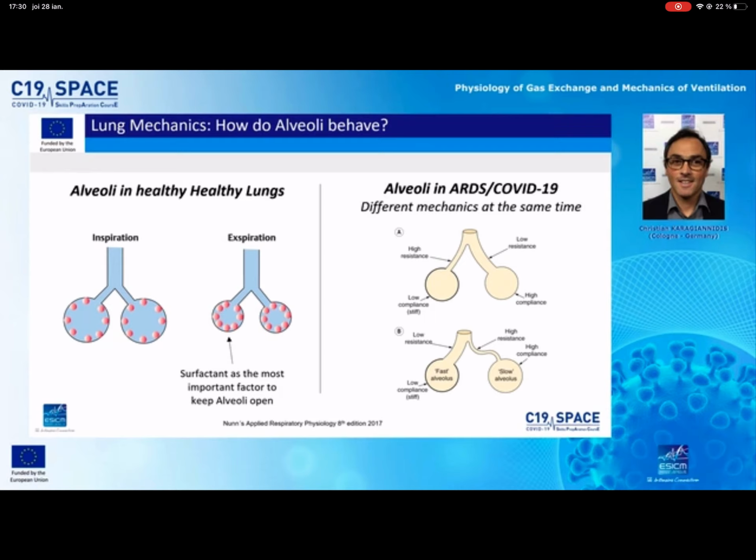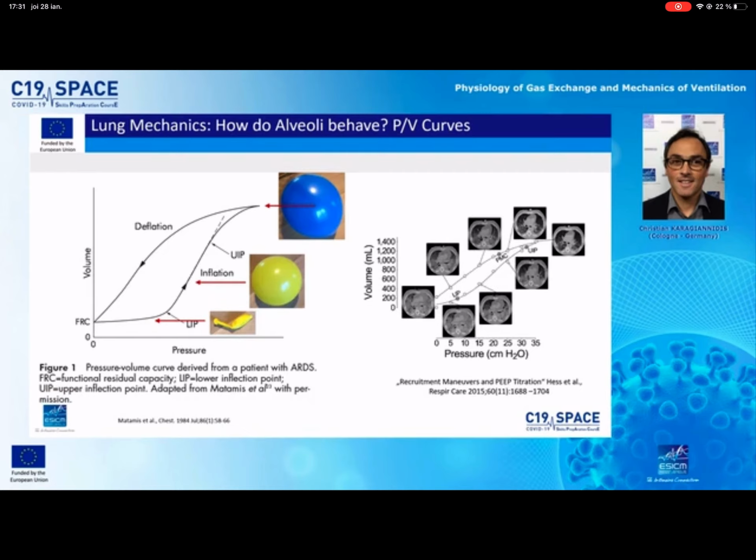So in conclusion, in a healthy lung, you usually have inspiratory and expiratory time constants which are around 0.8 seconds, which changes in patients with COVID-19 to alveoli with long and with short inspiratory and expiratory time constants. You may measure that in general for the whole lung with a pressure volume curve.